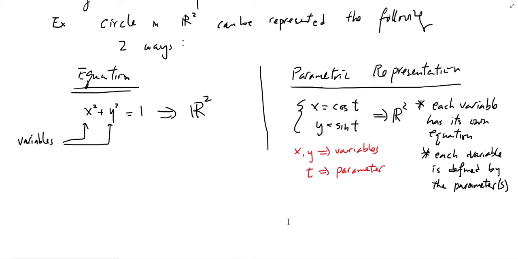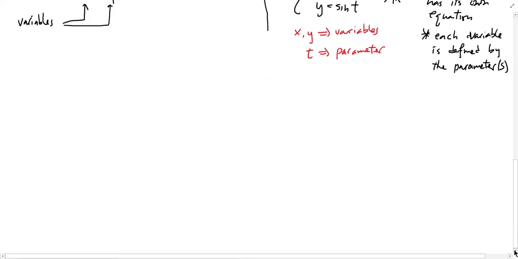Remember, I cannot teach you everything you need to know in one day, so some of these things will remain a mystery until we get to them. But we cannot just add an extra variable in. So what we need to do to represent a line in higher dimensions is to learn what we call parametric representation. So let's talk about how to represent a line in a parametric representation.